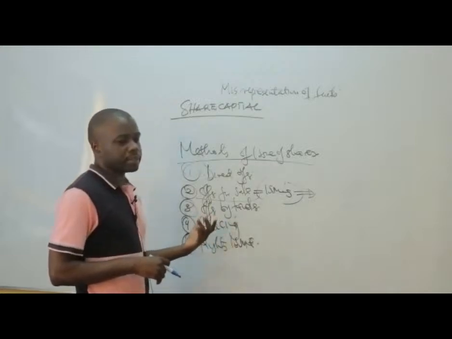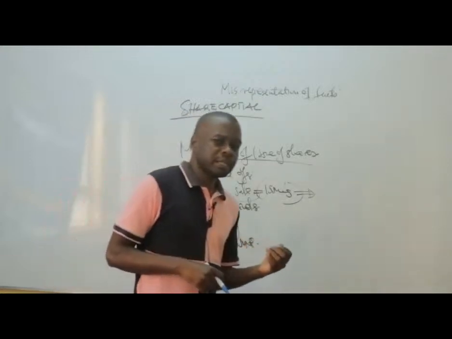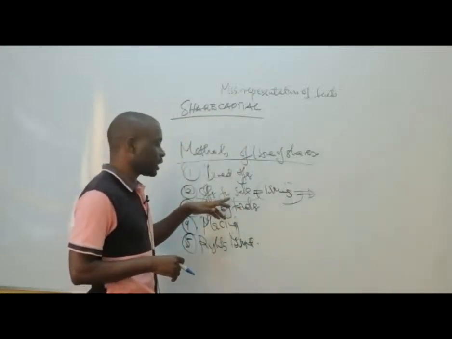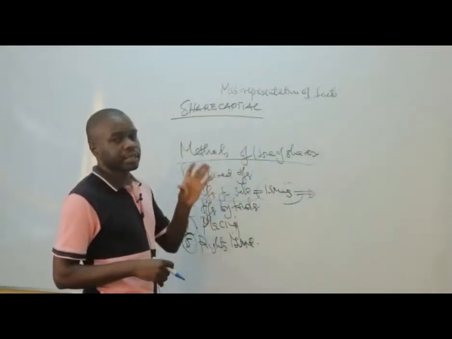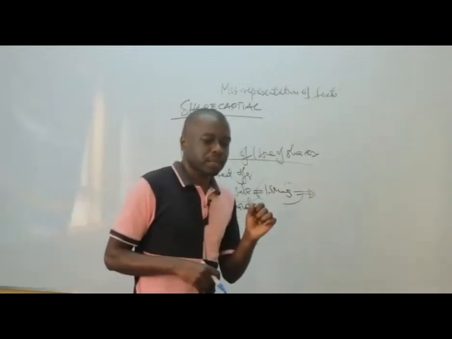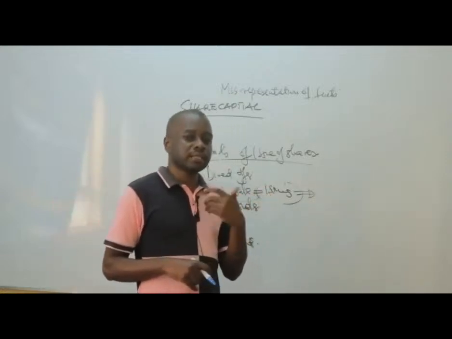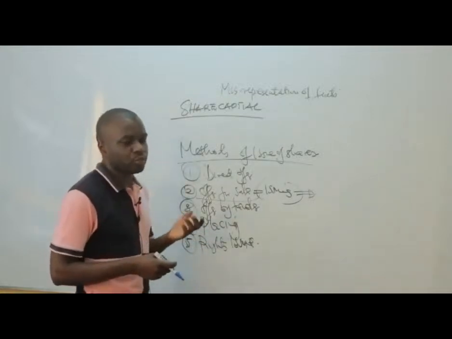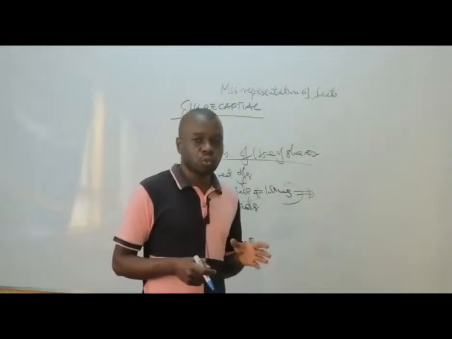Placing. What happens in this case is the company does not sell shares to an issuing house like under offer for sale. They simply give the shares to an issuing house. And the issuing house will place the shares with, for example, key investors who are likely to buy the shares in large quantities.